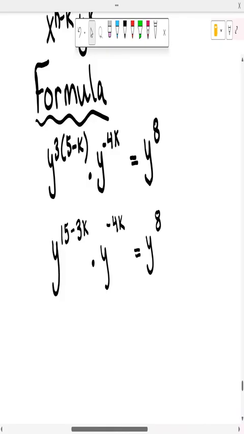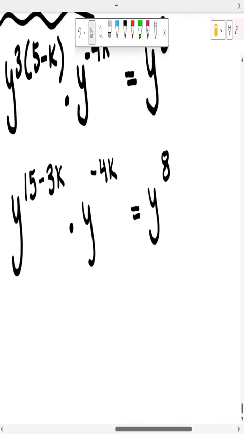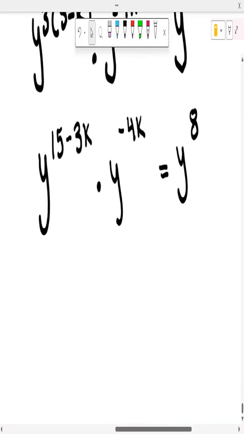Why? Well, what did you do in between? So you actually did an operation. Rona did it correctly, because you can't just drop the bases right now, guys. Since you have two bases the same, go back to your exponent laws.